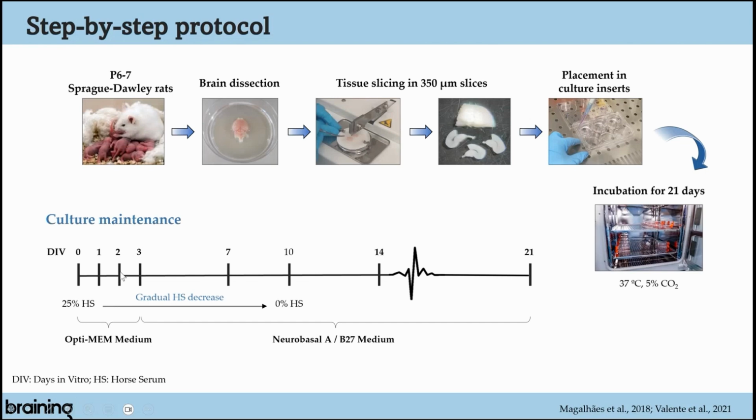And then at 2 days in vitro, they say that they fully change to Neurobasal A supplemented with B27, so they completely remove the horse serum at 1 or 2 days in vitro. And unfortunately, I tried to do exactly the same protocol with these slices.